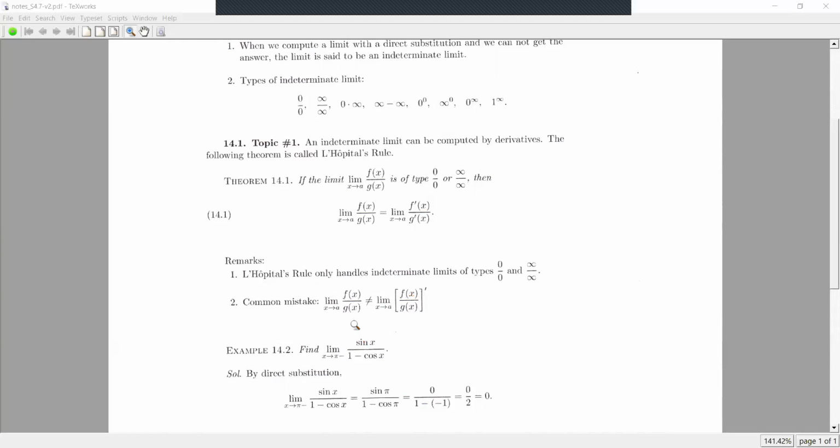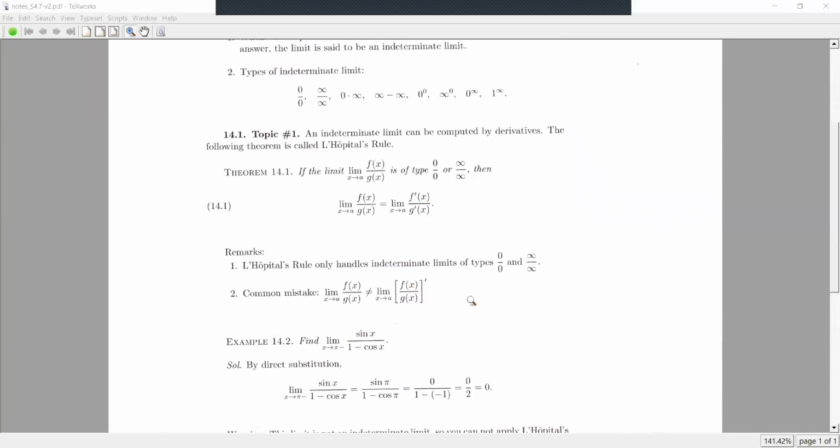This is wrong, okay? Take derivative separately on functions f and g. Now in the following, let me show you examples of how to use this formula to find indeterminate limits.